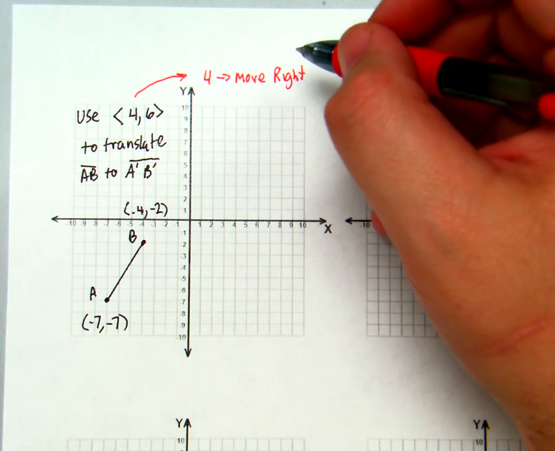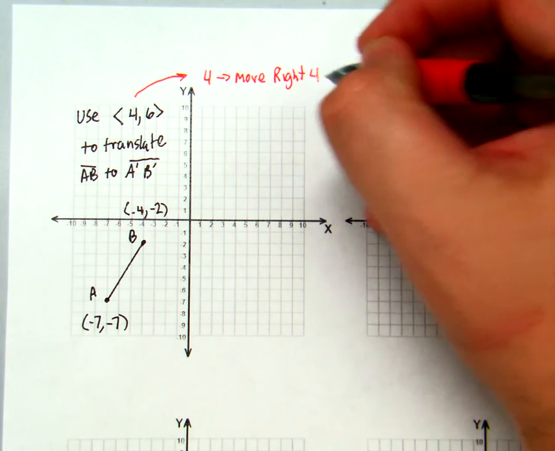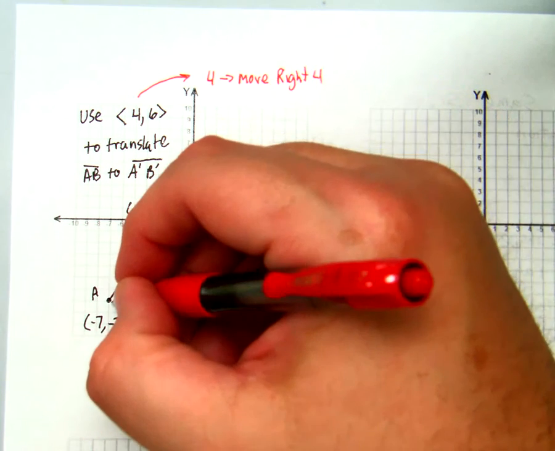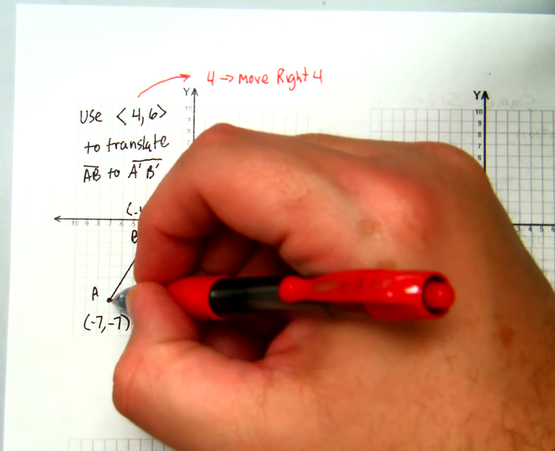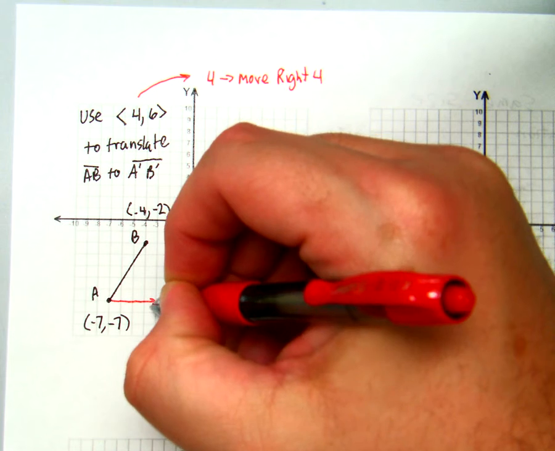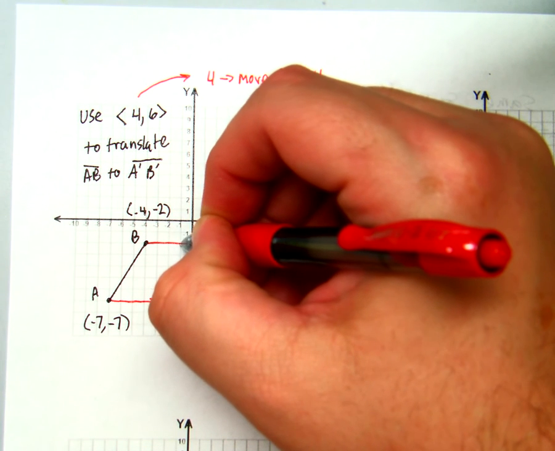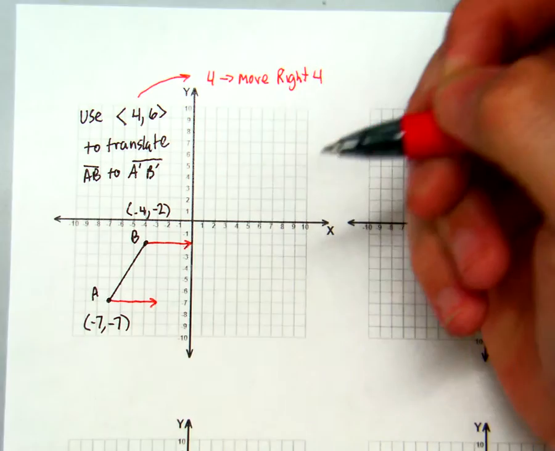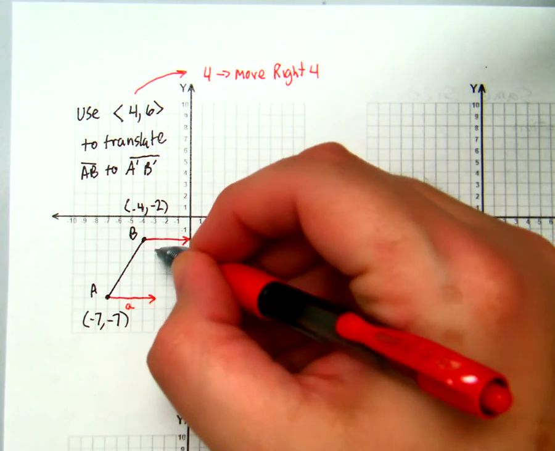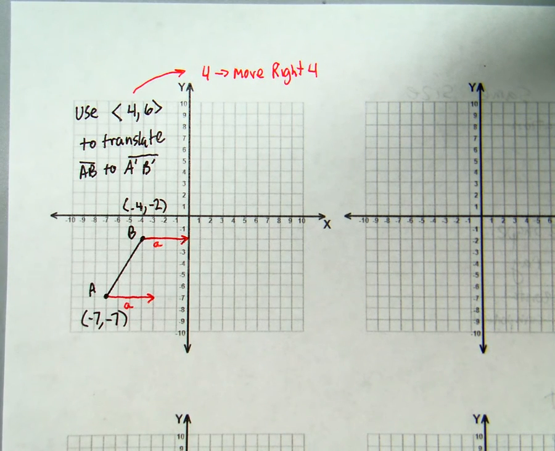So we're going to move right 4 spaces. Take every space and go 1, 2, 3, 4. And this one will go 1, 2, 3, 4. So that represents my A right there. Does that make sense for the A?